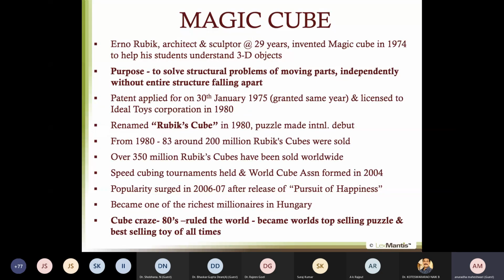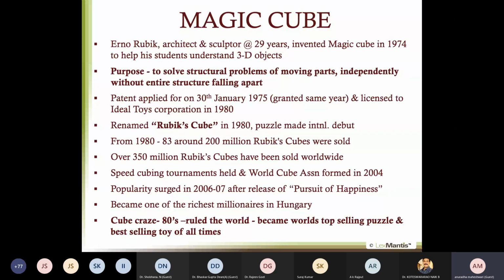Interestingly, for all of you to note, between 1980 and 1983, 200 million, I repeat again, 200 million Rubik's Cubes were sold in just 3 years. And subsequently, over 350 million Rubik's Cubes were sold worldwide. Of course, it went on to spawn various international challenges and tournaments, just like you have chess competitions. There were Rubik's Cube competitions in the world.